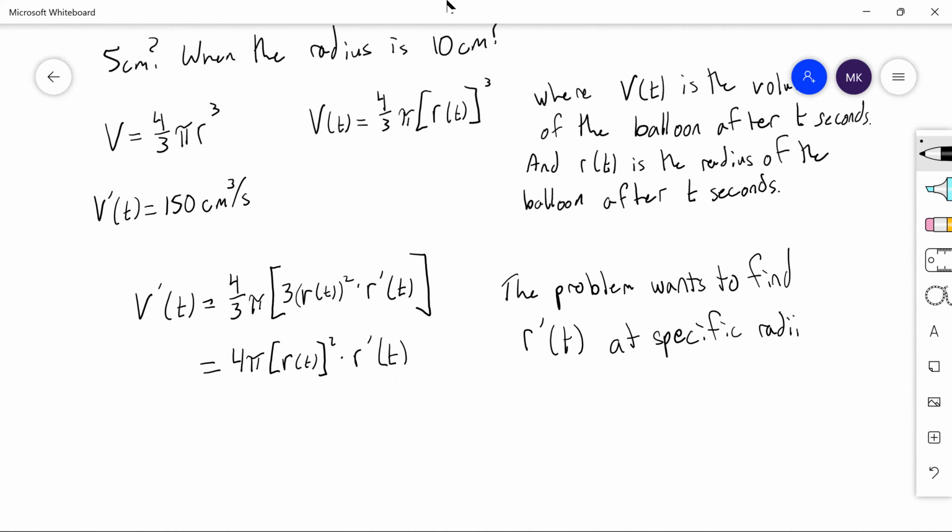Yeah. At specific points in time. We'll say at specific times. Now, we're not given times as in values of t, but we're given times as in the time at which the radius is a certain value.